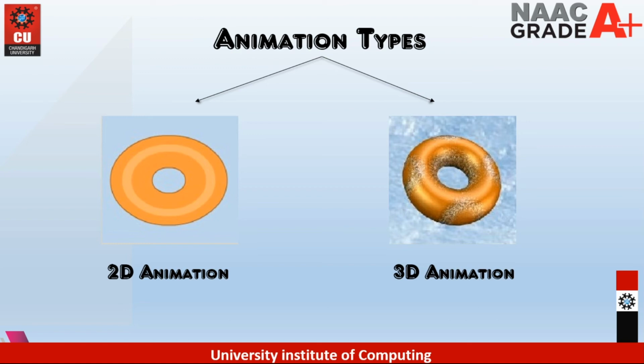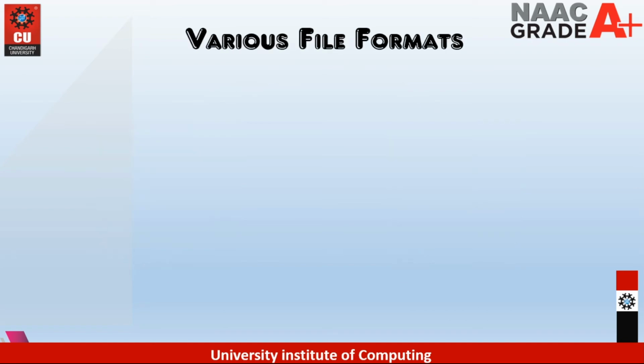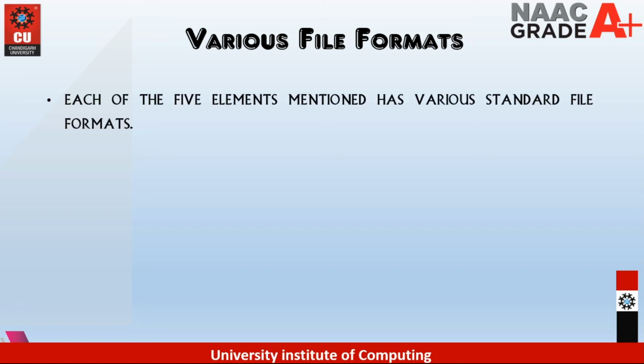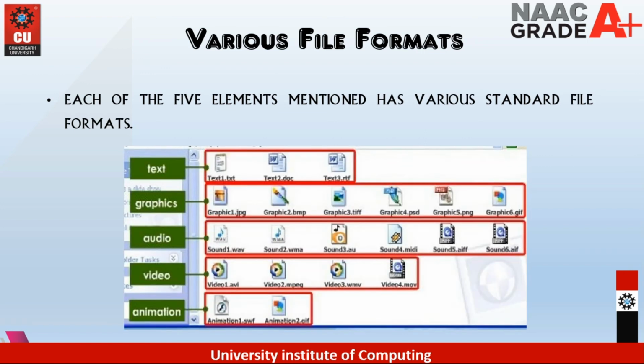Now we will discuss the various file formats. The formats that are used in multimedia are described below. Each of the five elements of multimedia has various standard file formats. The first one is text, which can be classified into various categories such as text files, Word files, and rich text formats.